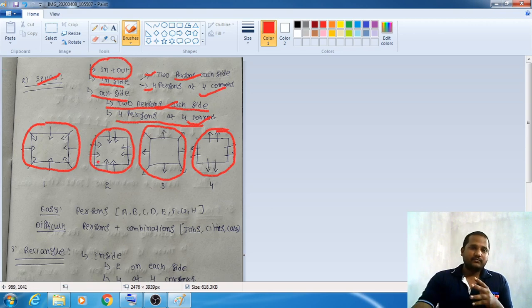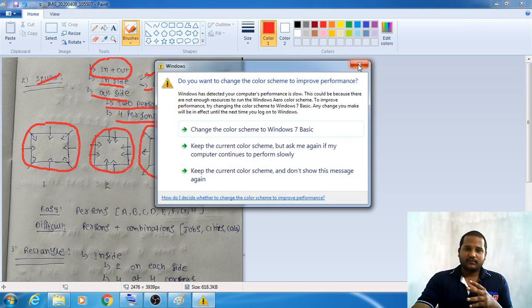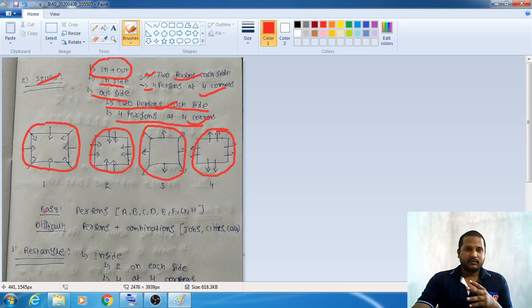Coming to difficulty level, the easy method is only persons given, so how they sit inside: two persons on each side of the table, or four persons at four corners like diagrams 1 and 2, or outside, diagrams 3 and 4. The difficulty level means they add combinations, like jobs, cities, colors.